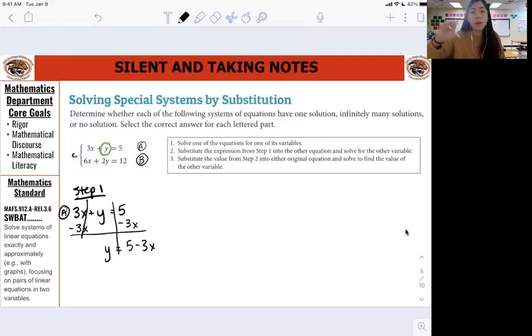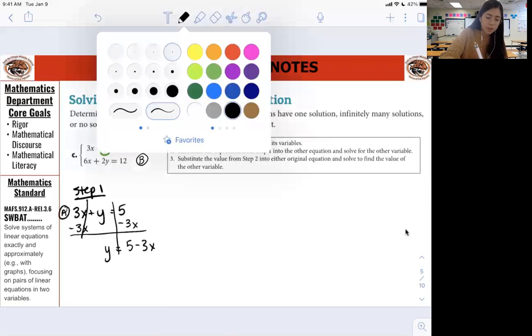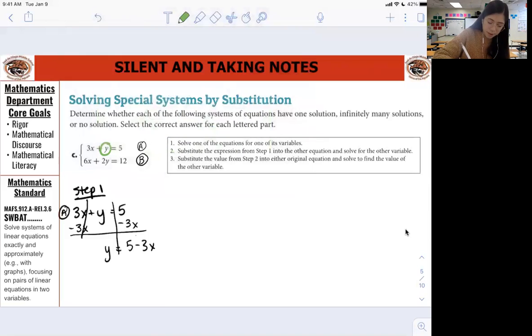Careful, we're not combining those 2 terms because they're not like terms. 5 is all alone, 3x is all alone, because they would have to both have an x next to them. Since 5 doesn't have an x, you can't combine them. So that's why I just wrote 5 minus 3x, and you just keep it like that. That's very important to keep in mind.